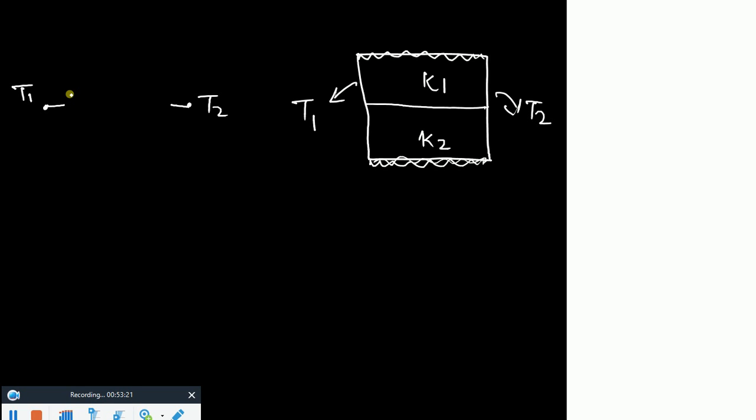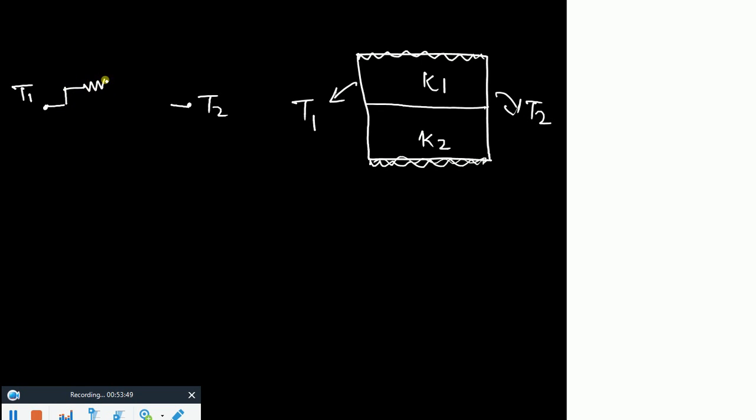That would be the parallel combination. So for a thermal network, temperature difference should be the same. In a series, heat transfer rate should be the same, just like the electrical current needs to be the same in resistances placed in series.